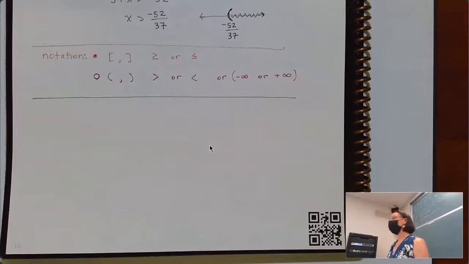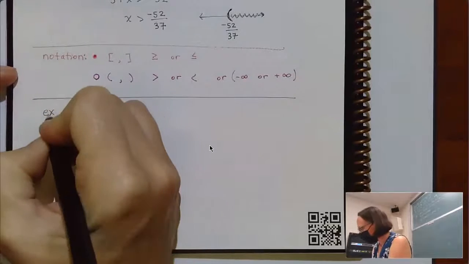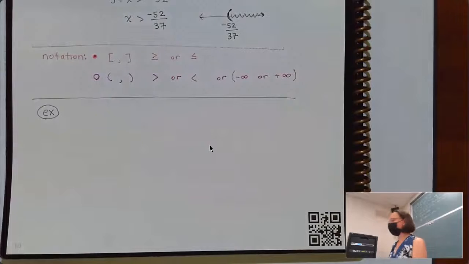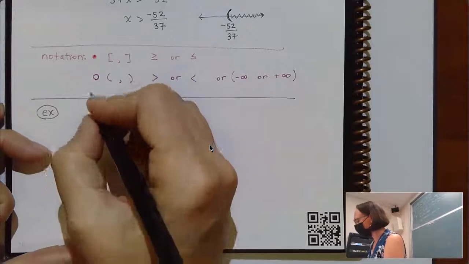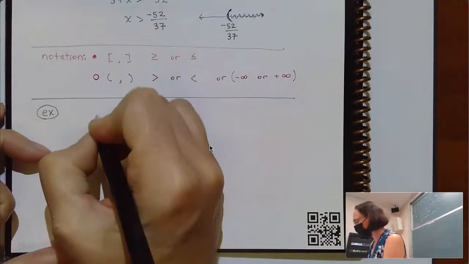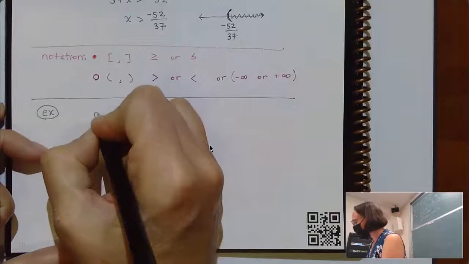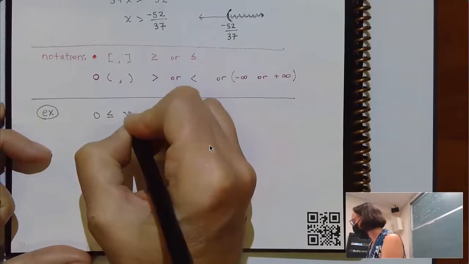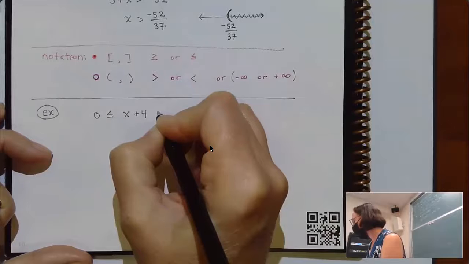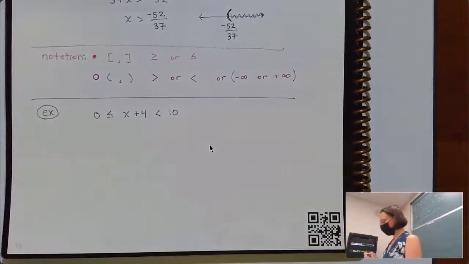We might also have something that maybe looks slightly more complicated, but isn't a whole lot more complicated. Let's start off slow. 0 is less than or equal to x plus 4, which is less than 10.